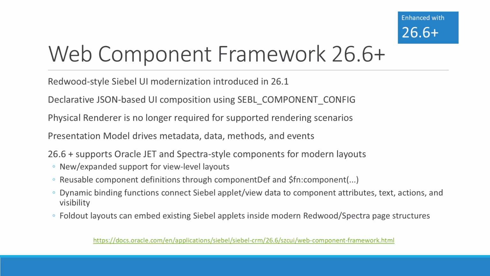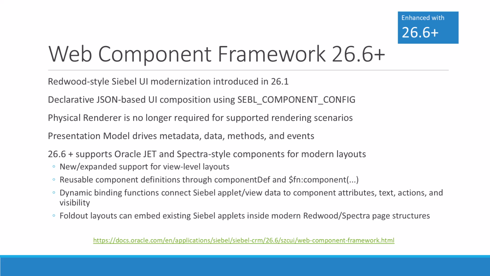The framework continues to let developers render Siebel views and applets with Oracle Jet components, but the documentation now positions it more explicitly as a declarative JSON-driven rendering model where presentation models provide Siebel metadata, data, methods, and events, while web components handle the user interface.